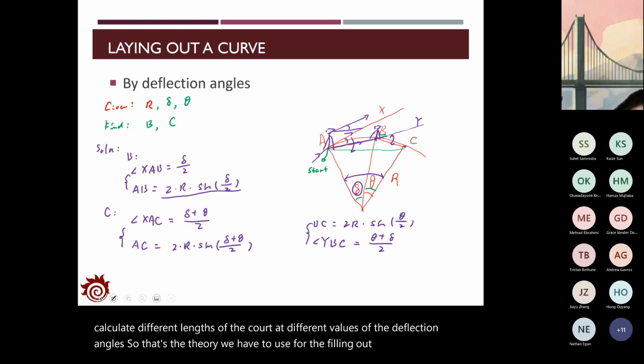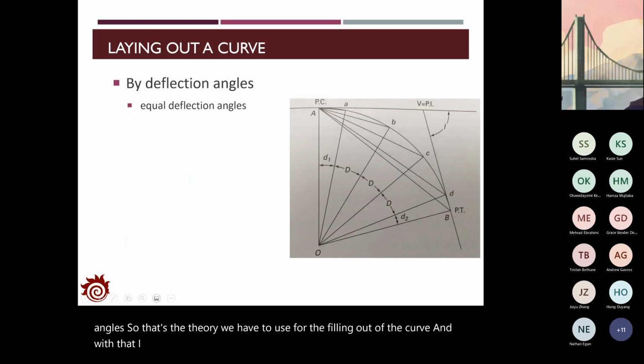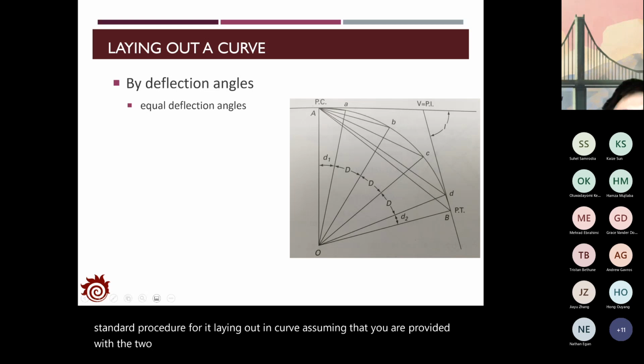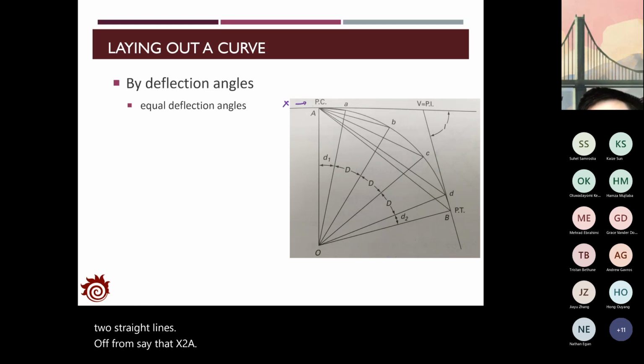And with that, I would like to give you a more general or standard procedure for laying out the curve. Assuming that you are provided with the two straight lines, say X to A and B to Y, and you know the starting point of the curve, that's the PC point of the curve.